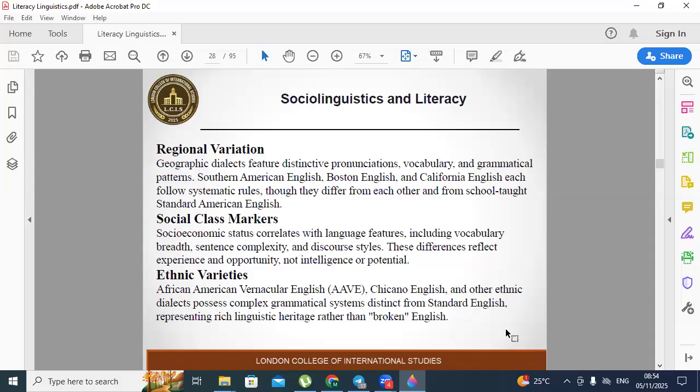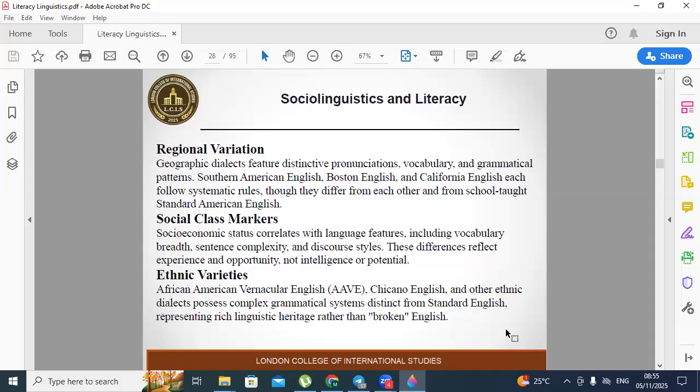A child who has been read to daily from infancy and engaged in extended conversations about ideas and experiences will naturally develop different language patterns than a child without those experiences. This doesn't make one child smarter; it makes them differently experienced. The danger is interpreting these differences as deficits.